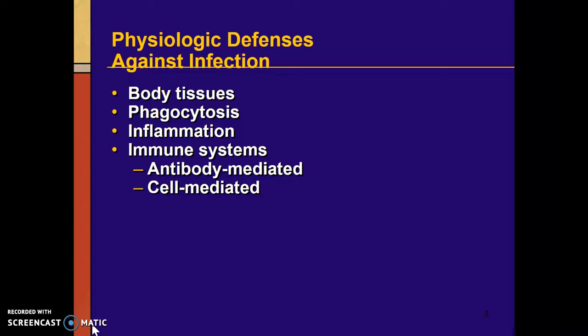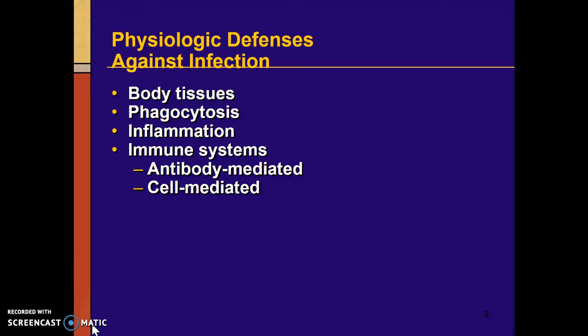Everybody has physiological defenses against infection, besides having their own body tissues that are supposed to be strong and keep out germs. When you have germs introduced into your body, your immune system cranks up.